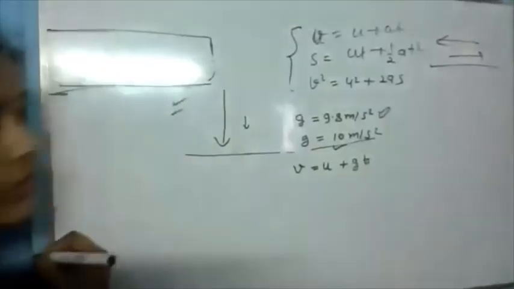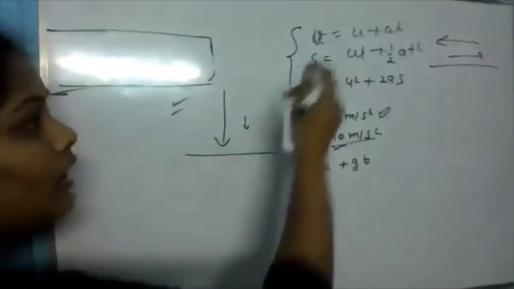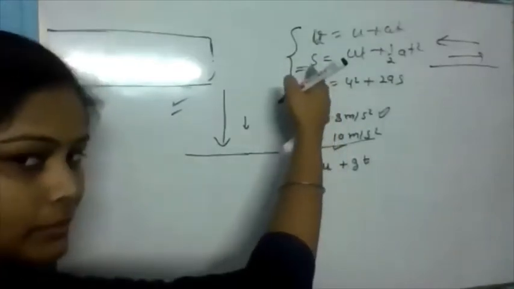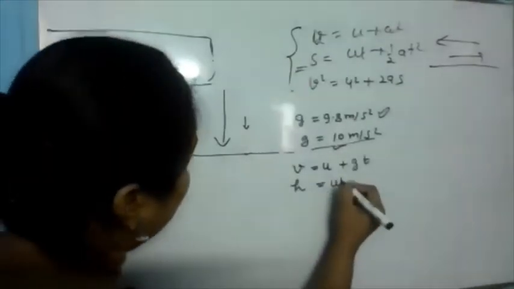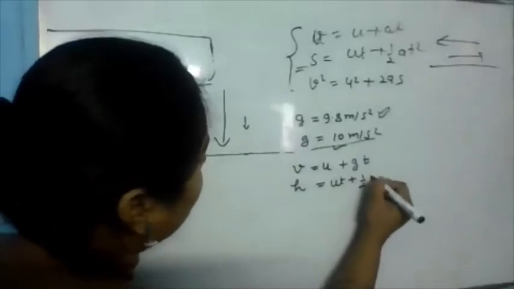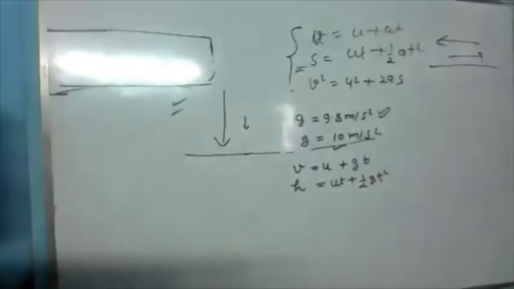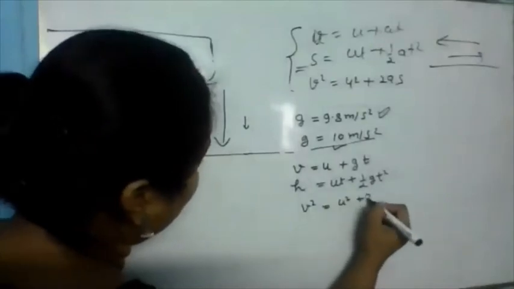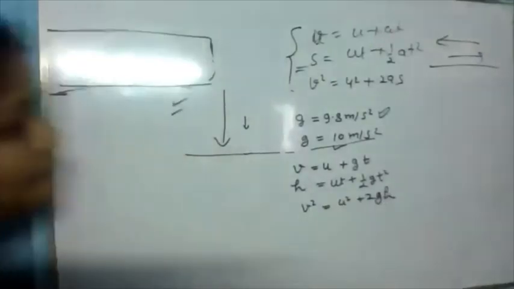a. We will use height h in the place of displacement. So the formula is h equals ut plus half gt square. In this case, v square equals u square plus 2gh.